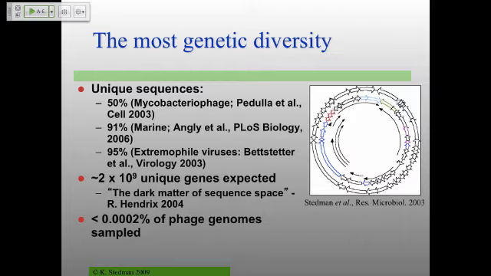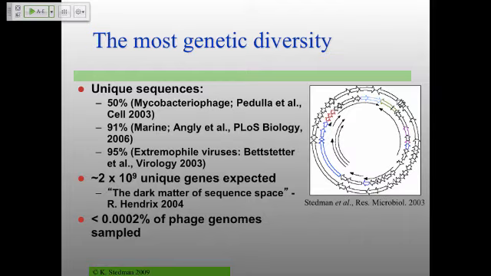Viruses contain the most genetic diversity of anything that we know of. If you look at really well-characterized bacteriophage, 50% of the genes don't look like any other gene that's out there. In metavirome sequences, and we'll talk a little bit more about metaviromes in the next part of the class, basically you purify the virus-sized particles, or virion-sized particles, I should say, and sequence those. 90% of those sequences don't look like anything else anybody's ever seen before.